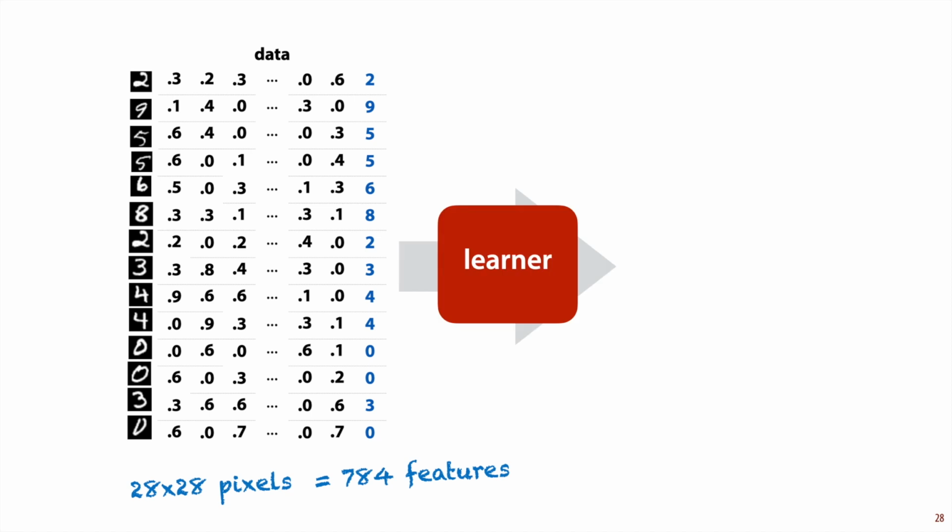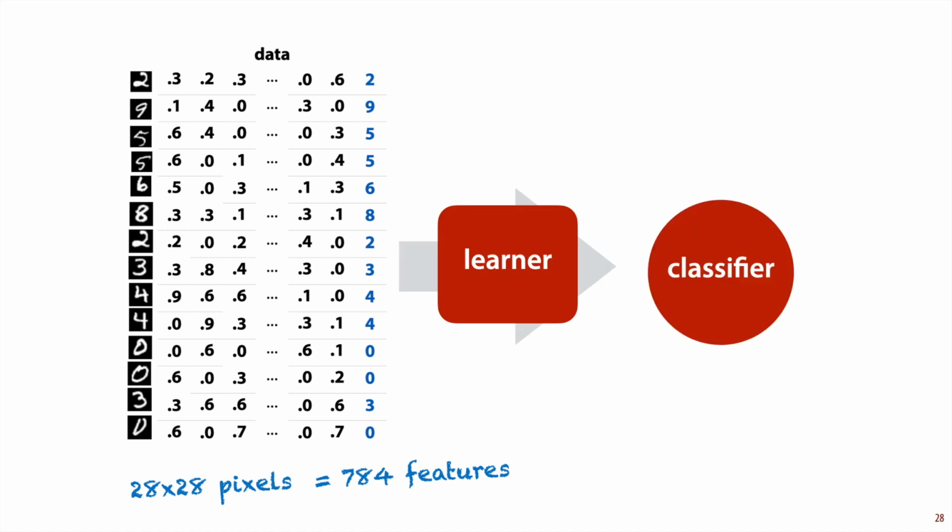The learning algorithm produces a classifier, and to this classifier we can then feed a new digit, so long as we extract its features in the same way we did for the data, and then the classifier gives us its best guess for what it thinks the digit is that is shown in the picture.